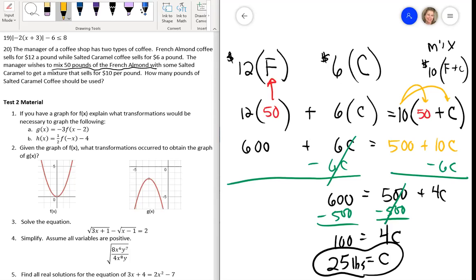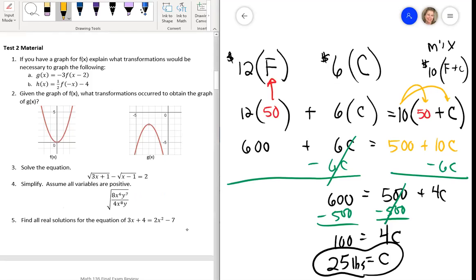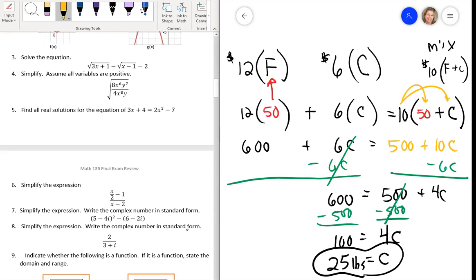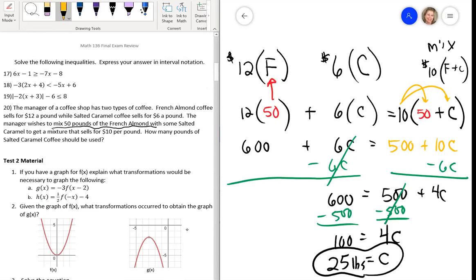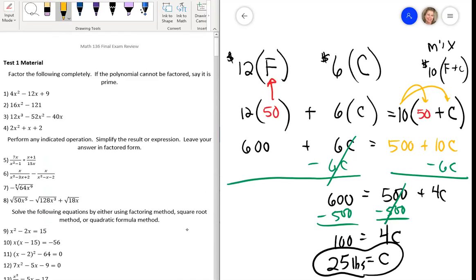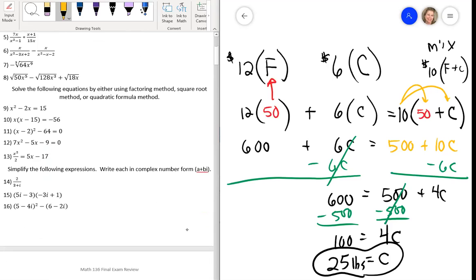Any other specific questions on anything? Maybe if you haven't looked at it yet, glance over it, and if there's something where you think, oh gosh, I totally don't remember how to do that, go over that, please, right now.